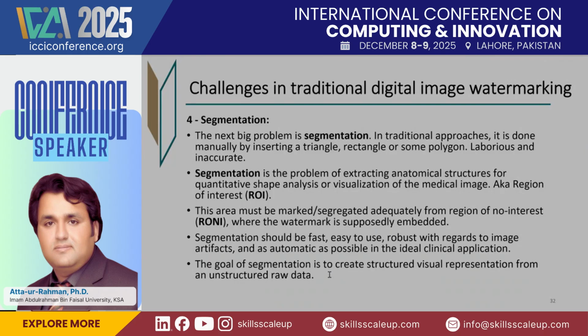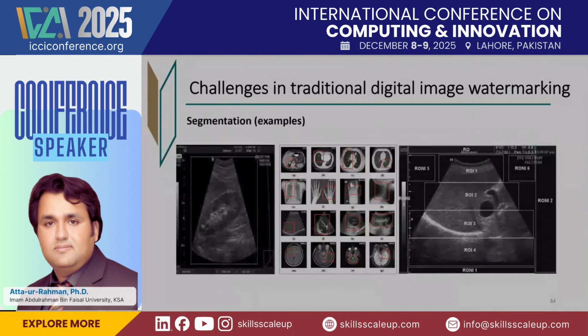We can employ deep learning algorithms to automatically segment the data depending upon the nature of the image. It can segregate between the region of interest and the region of no interest. For instance, in front of you, I have shown certain images with segmentation applied.